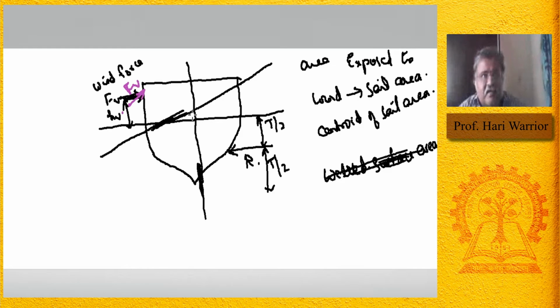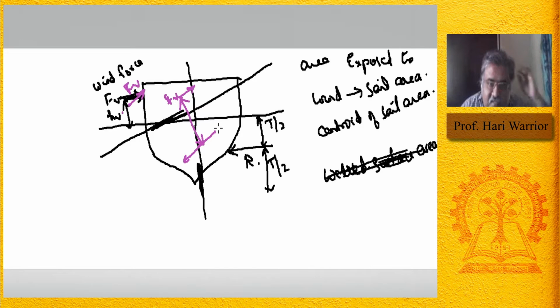What you have written below Fv is hv. hv is this distance. So when this thing is at an angle, you will have Fv acting here and the reaction force acting here somewhere. So this distance becomes the required distance.